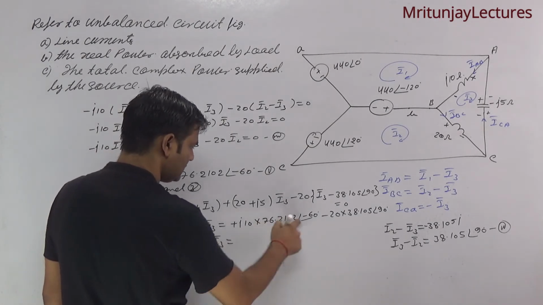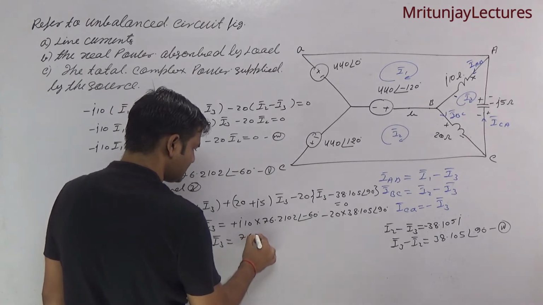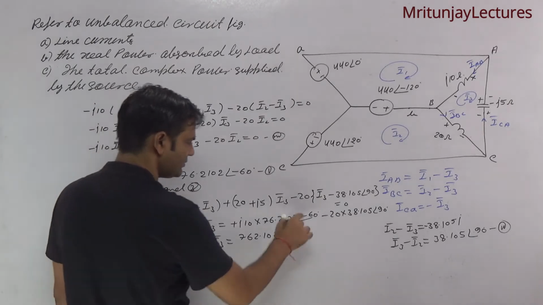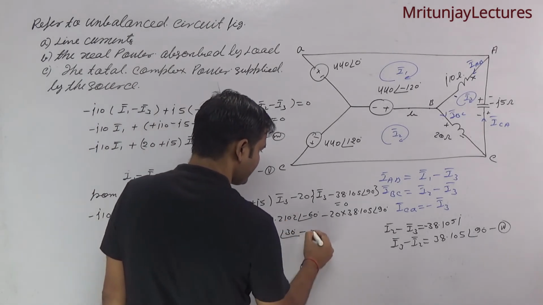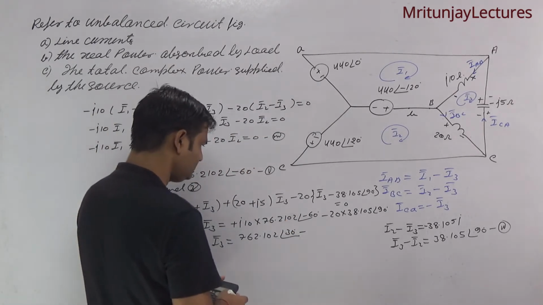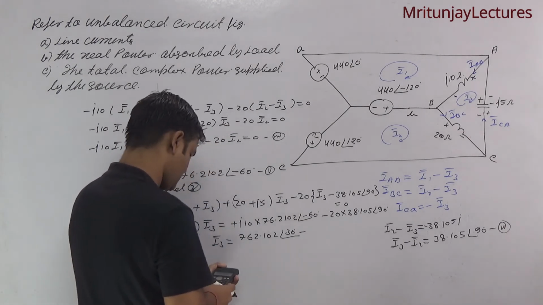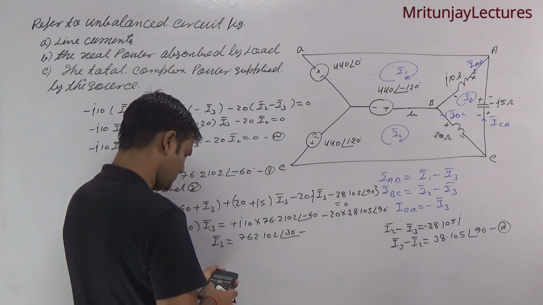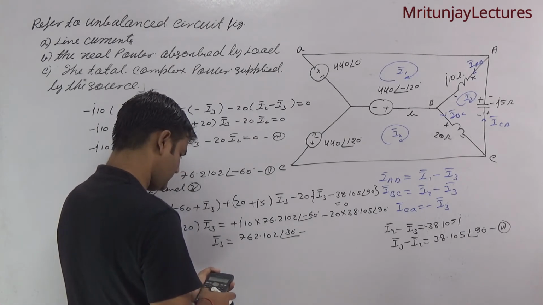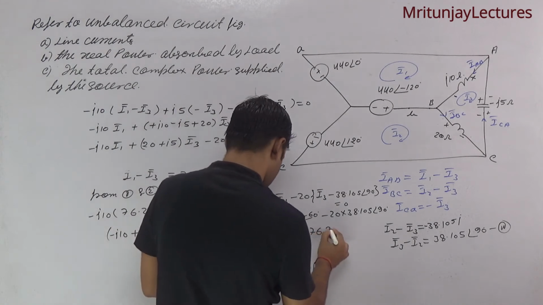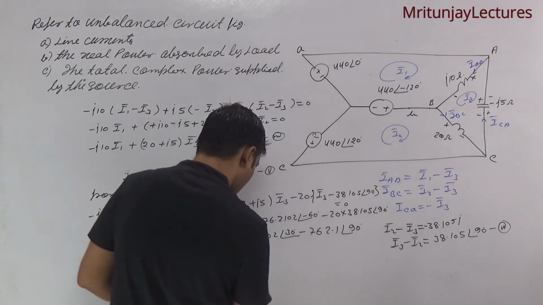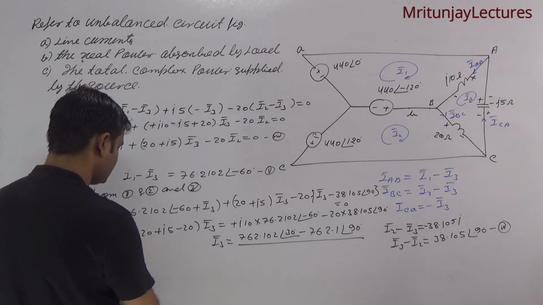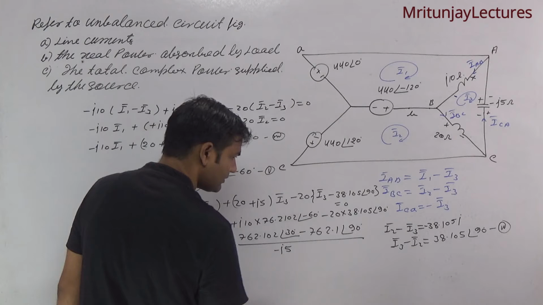I3 is 762.102 at the angle 30 degree, minus 20 into 38.105, that is 762.1 at the angle 90 degree, whole divided by J, and that is minus 5.